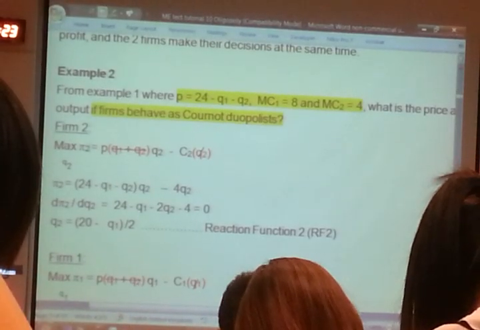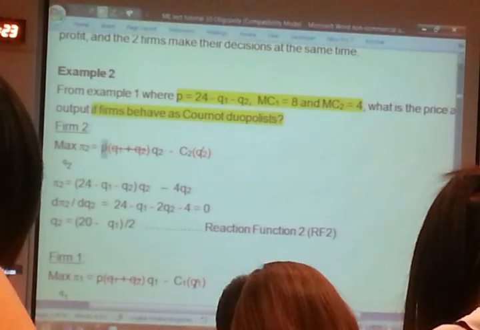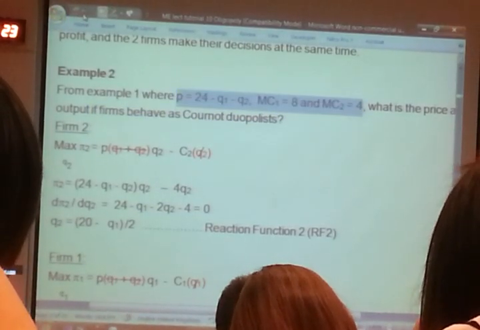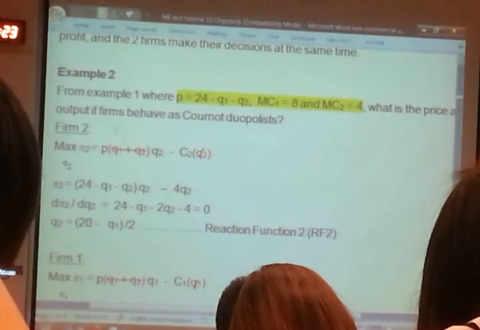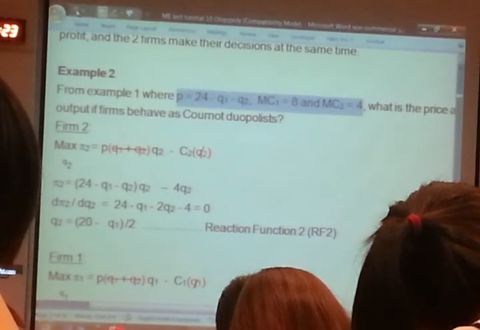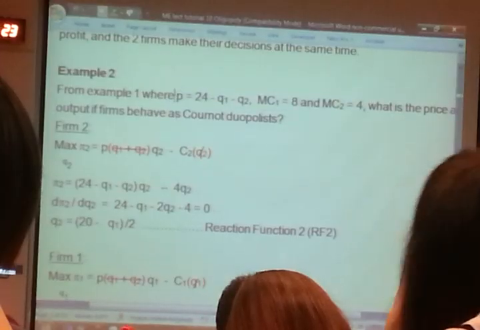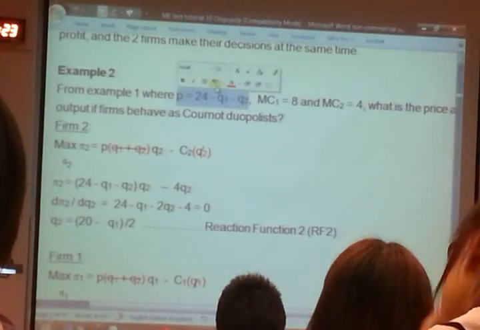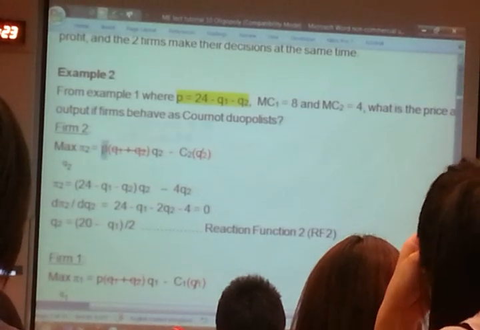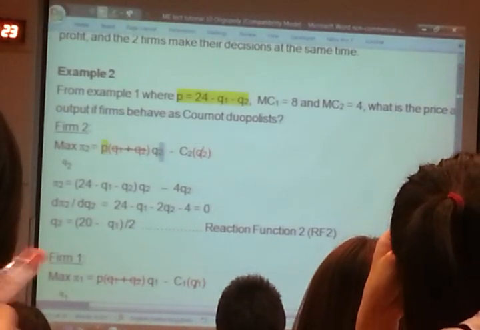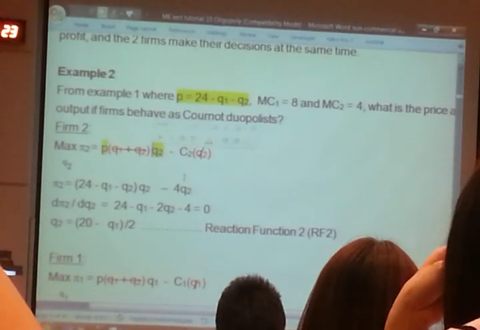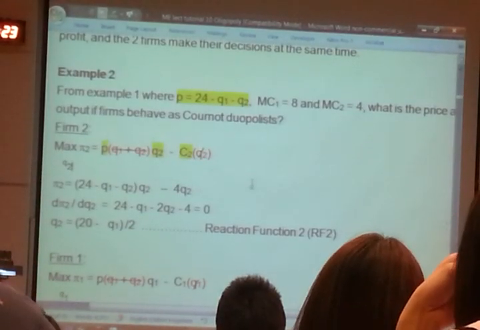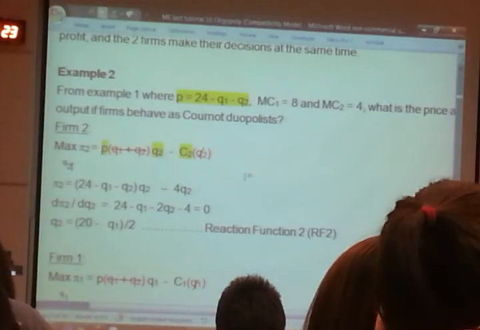Now firm 2 wants to maximize profit. Profit is price times quantity minus the cost. Which means what is P equal to?